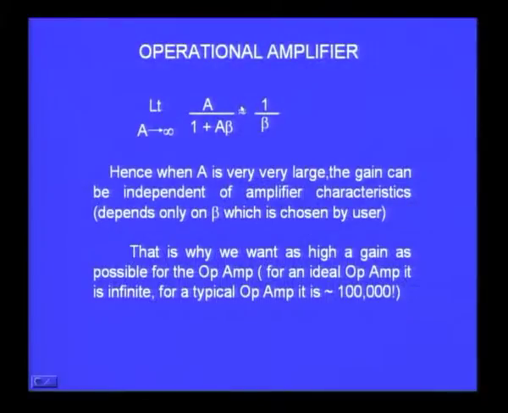So that is the reason we must have very high gain, A tending to infinity only. This will be true. The larger the value of A, the better it will be with reference to 1 by beta, and therefore an ideal operational amplifier should have infinite gain. An actual amplifier, for example 741, has an open loop gain of 100,000.